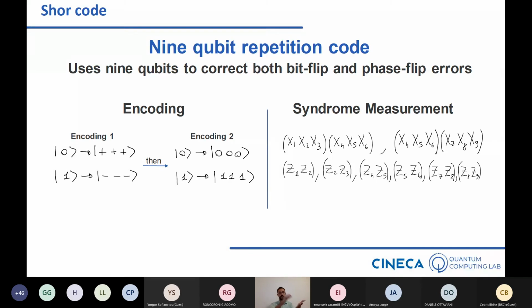So for example, if they are placed in a lattice, depending also on which qubits are connected to each other, you can also find different error correcting codes. So this is just the introduction, the simplest one.